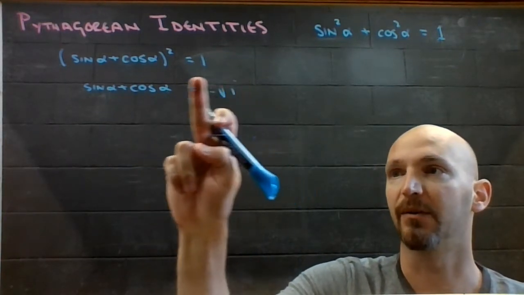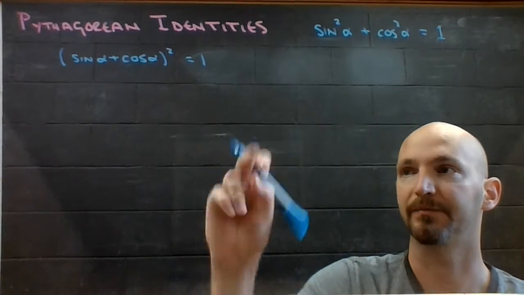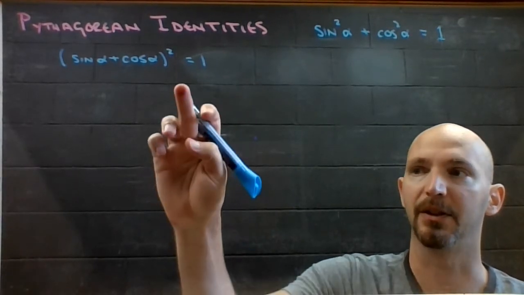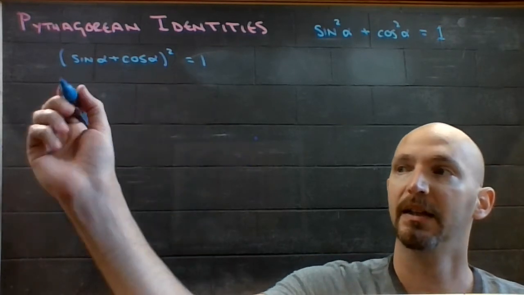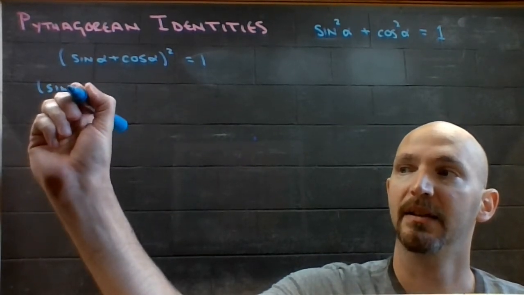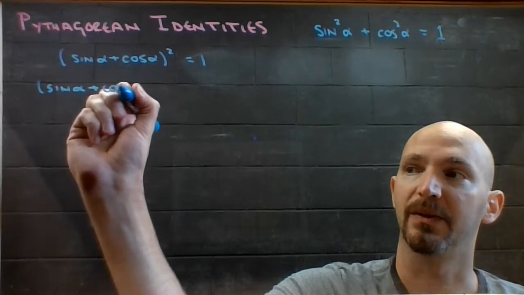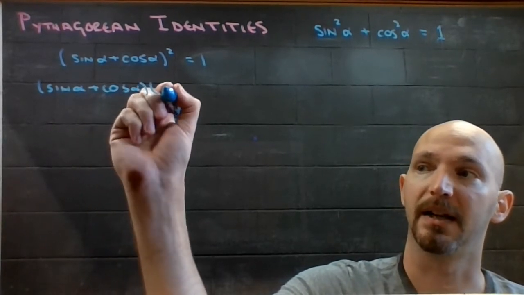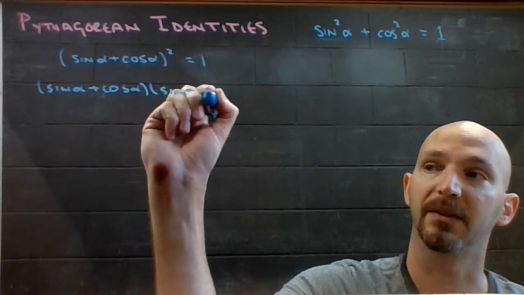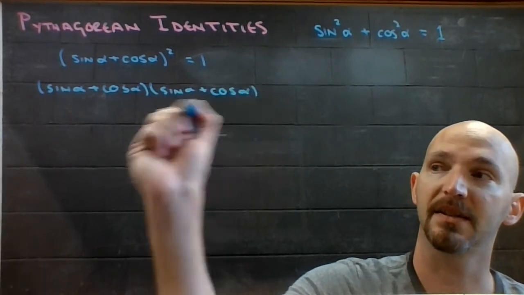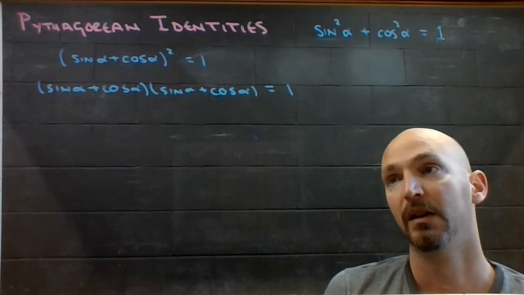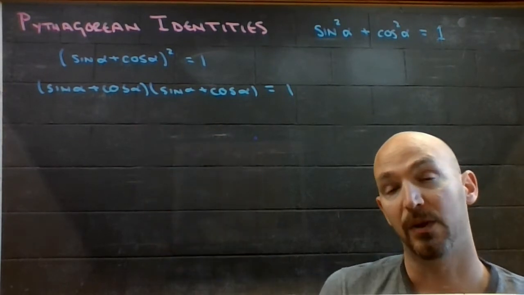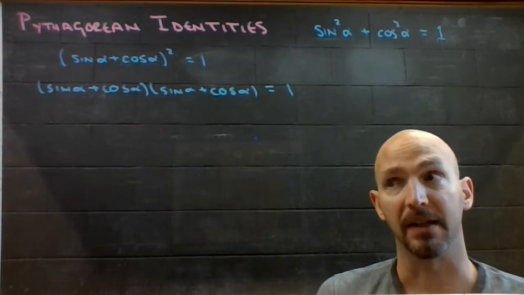So if I just erase this here, we'll try again. The first thing I'm going to do is notice that this plus this squared is the same as sine alpha plus cos alpha multiplied by sine alpha plus cos alpha. It's just itself multiplied by itself, and that's supposed to equal 1. Now that looks like something you got from factoring of a trig expression, right?